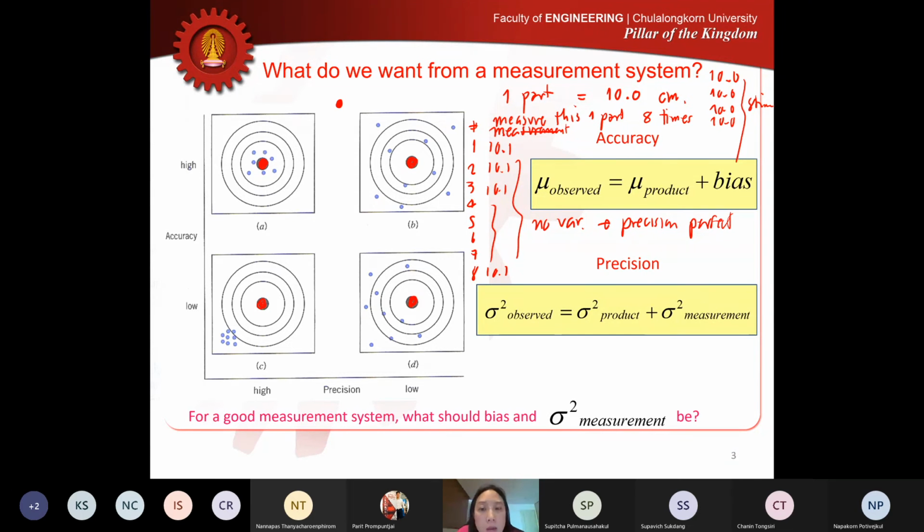But if I ask you about the accuracy, accuracy means correctness of the answer. You will say that on average you observe 10.1, but if the actual value is 10.0, that means you have a difference, or bias, of 0.1 centimeter.